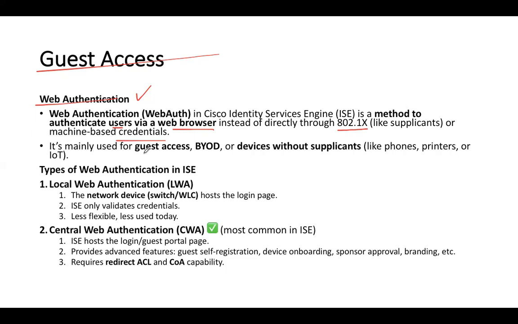It's mainly used for guest access or any device, let's say bring your own device, or devices without supplicants, like phones, printers, IoT devices. For them, you have web authentication.